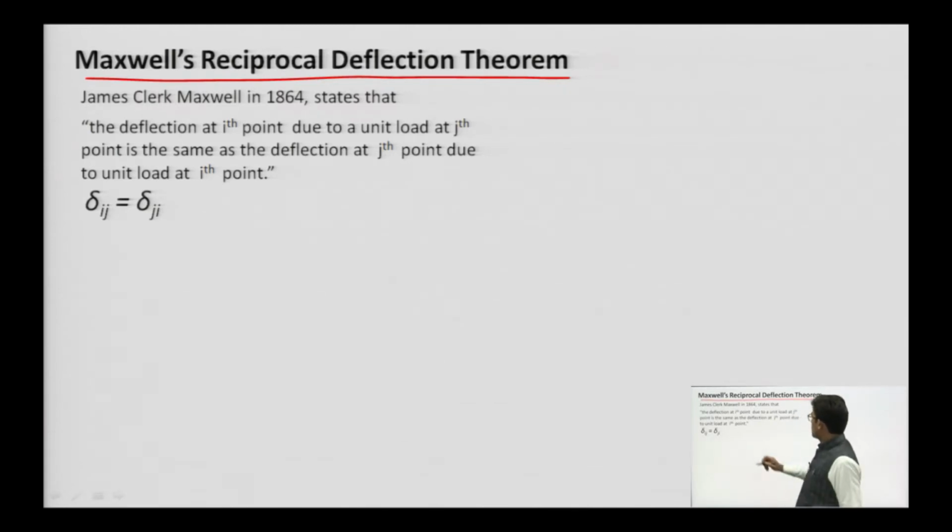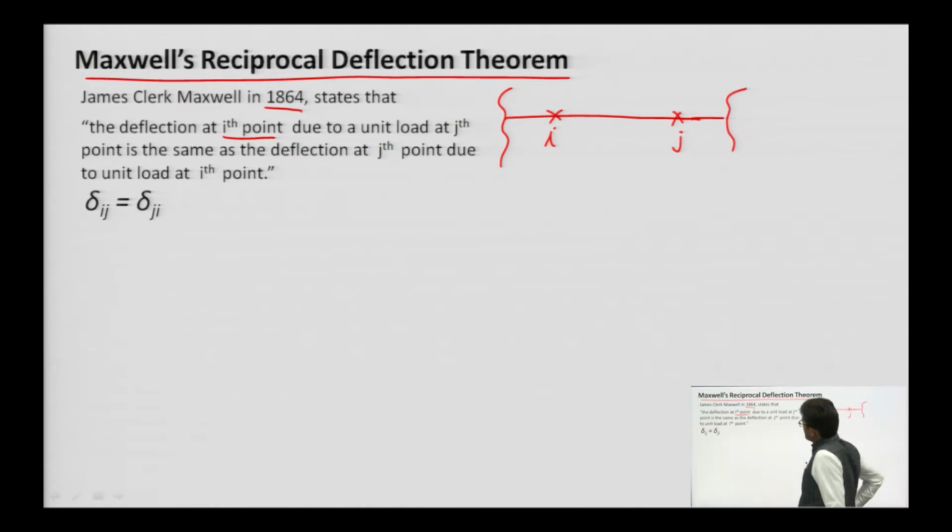That theorem was proposed in 1864. And the theorem is that the deflection at ith point due to unit load at jth point. Let me make this I, and let me define this at j. This is any part of the structure.